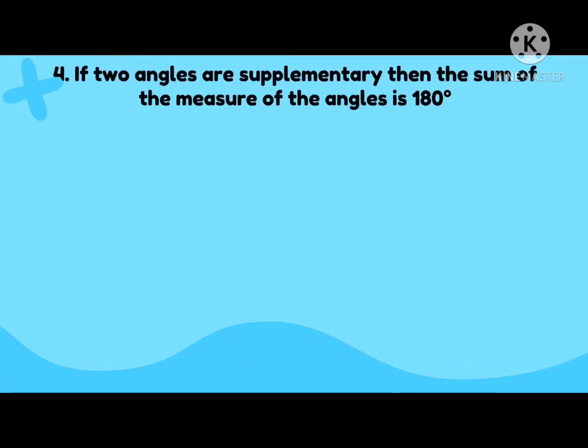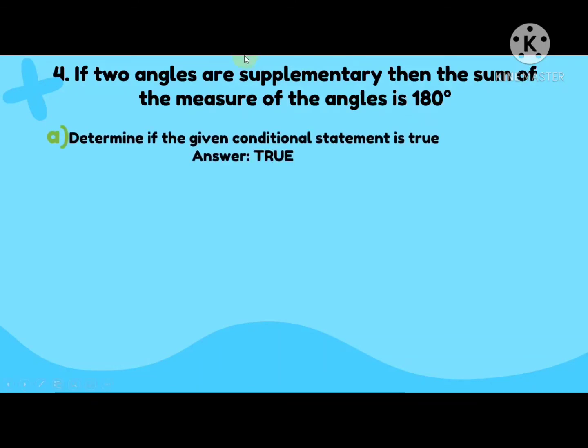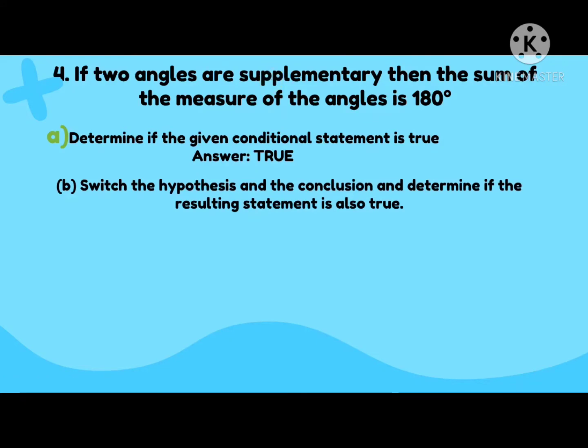Example number 4: if 2 angles are supplementary, then the sum of the measures of the angles is 180 degrees. This is very true. Switch the hypothesis and the conclusion, and then determine if the resulting statement is true. This is the hypothesis and this is the conclusion. So, let's switch.